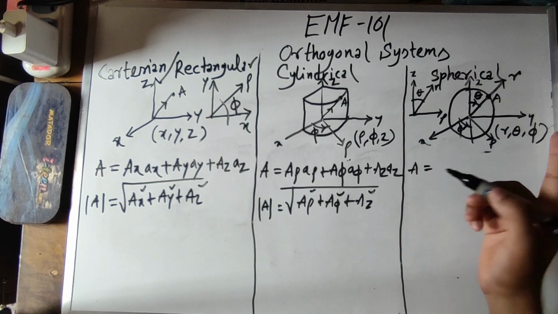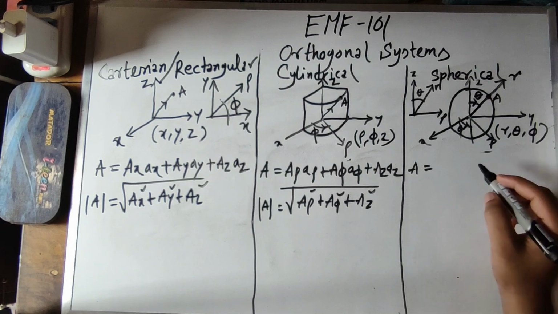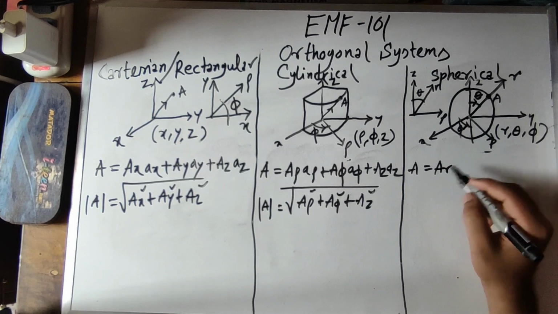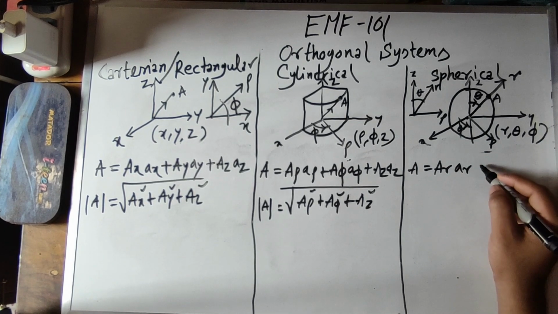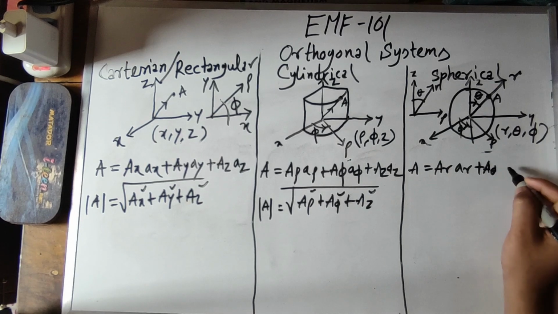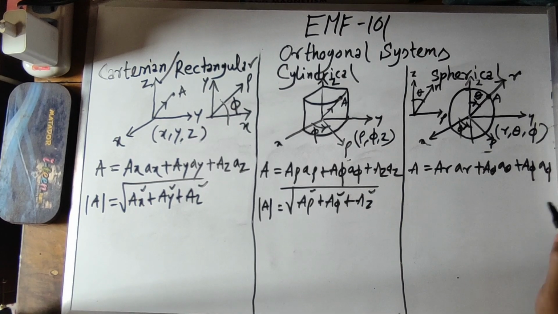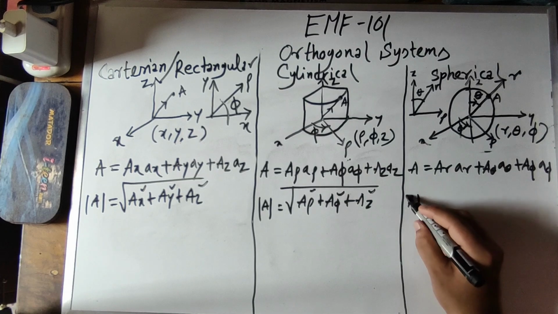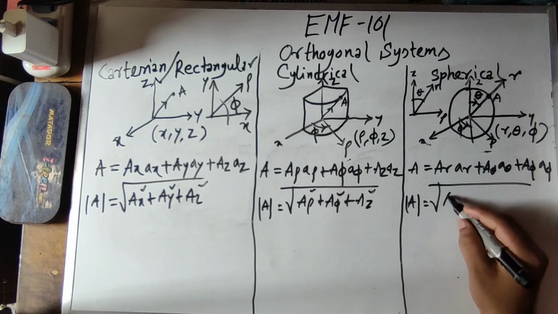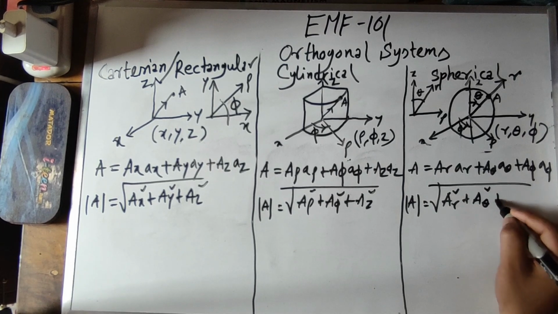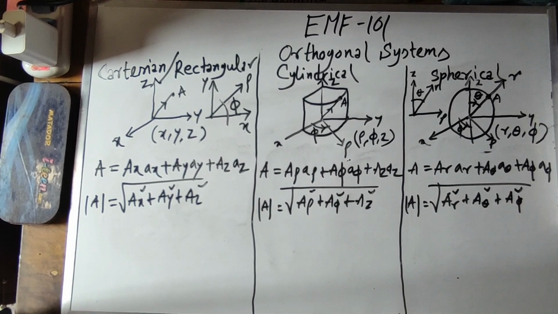Vector a in the spherical coordinate system can be represented by ar in the direction of r with unit vector ar, plus a theta component with unit vector a theta, plus a phi with unit vector a phi, and its magnitude is the square root of ar square plus a theta square plus a phi square.